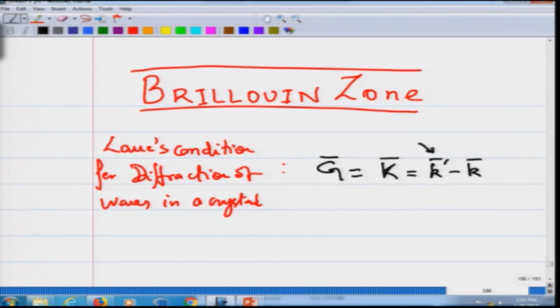k prime is the wave vector of the scattered wave, and k is the wave vector of the incident wave.